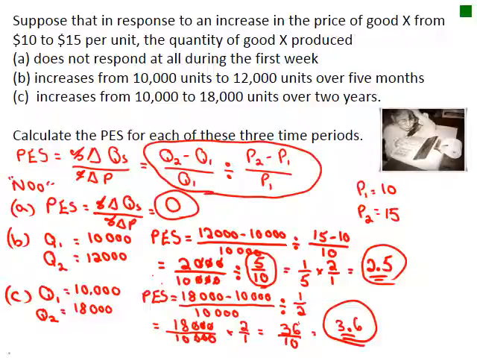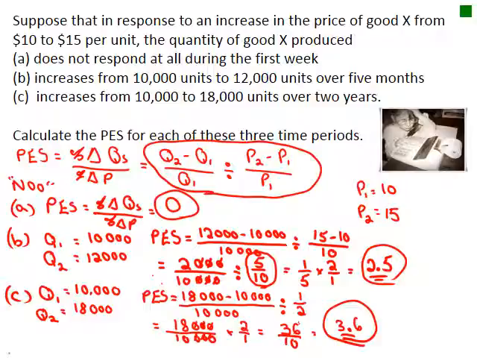Now, we've got the price changing from $10 to $15 for the cases of A, B, and C. So let's, off to the side, look at P1 and P2. So P1, it increases from $10 to $15. So we'll be able to use this value for all of our calculations.